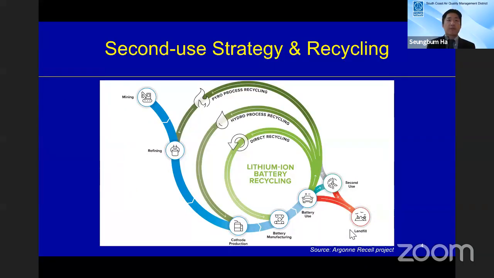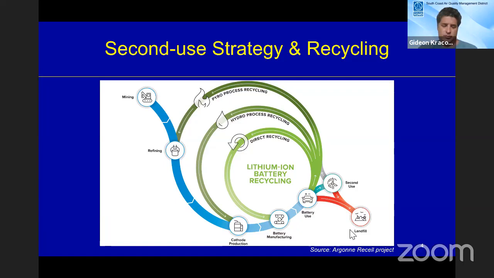Here's a diagram of the life cycle of a lithium-ion battery, including reuse and recycling. From the top left through the blue line, a brand new battery is manufactured and used. Some batteries just go to landfill, and another portion can be reused for stationary applications, and the remaining portion can be recycled through the green line.